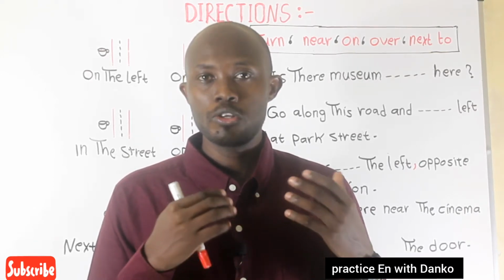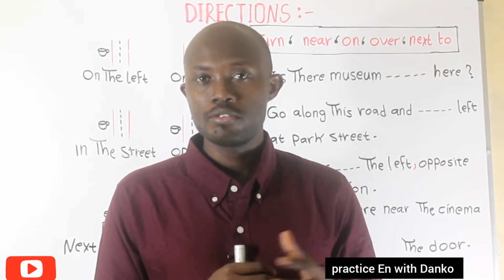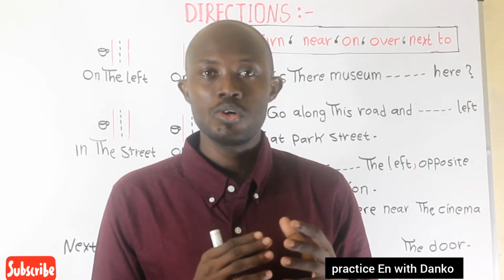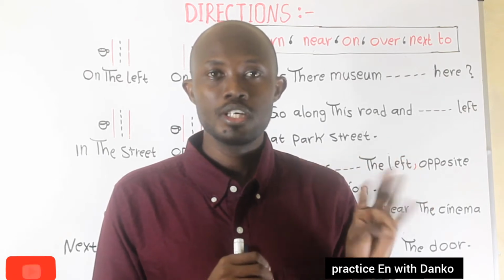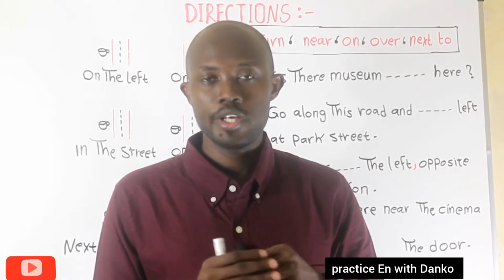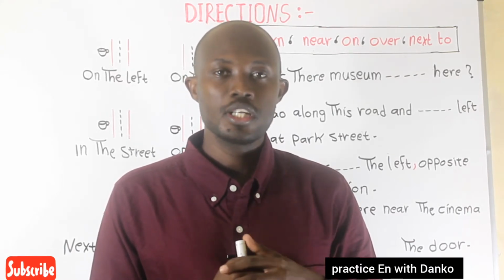When we talk about directions, there are cardinal directions and ordinal directions. Cardinal directions, we have four, as you know: north, south, east, west. We always know the first letters.